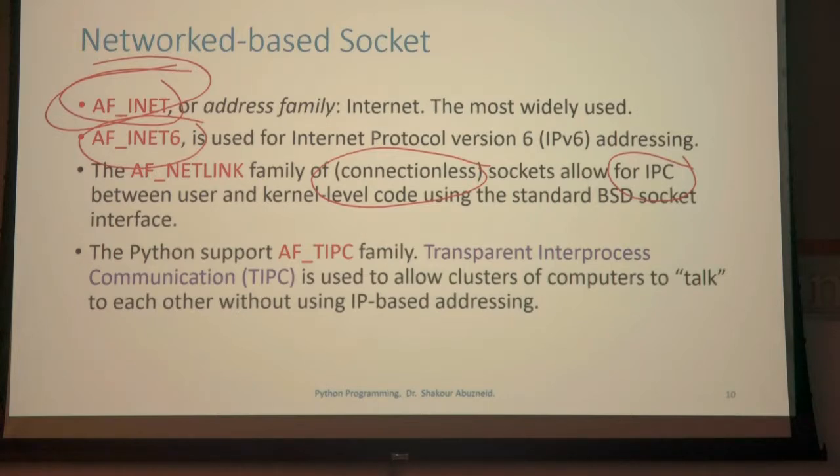And there is also transparent inter-process communication, which allows clusters of computers to talk to each other without using IP-based addresses. We are not going to talk about these. Today we're going to talk only about this.